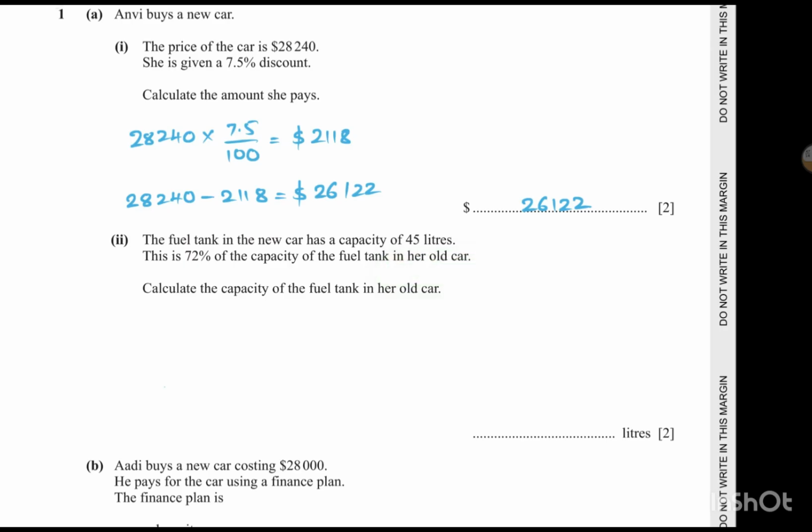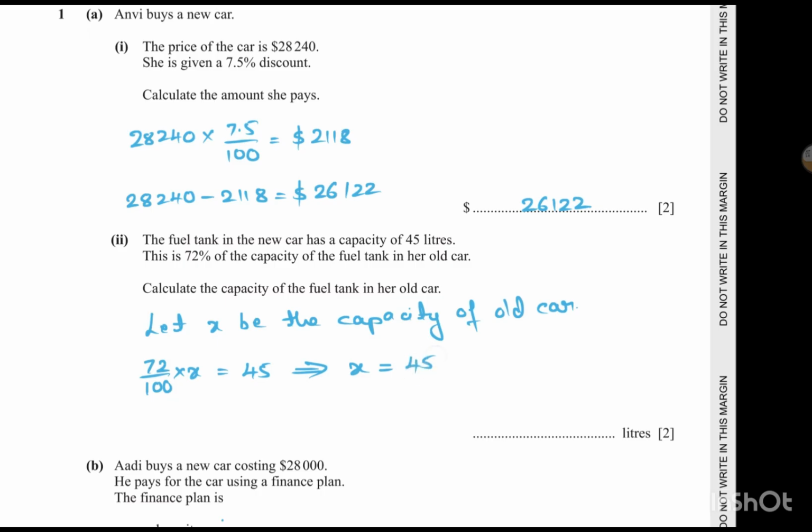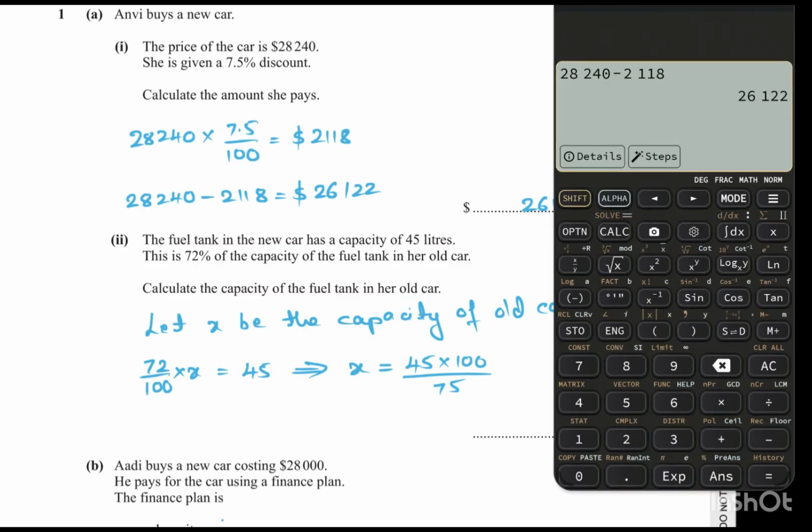So we have to assume that let X be the capacity of old car. So 72 by 100 multiplied by X will be 45. So now keeping X on the left hand side, bringing 72 on the right hand side, we get 45 into 100 by 72. Do that, you'll get the value of X, that is the capacity of old car.